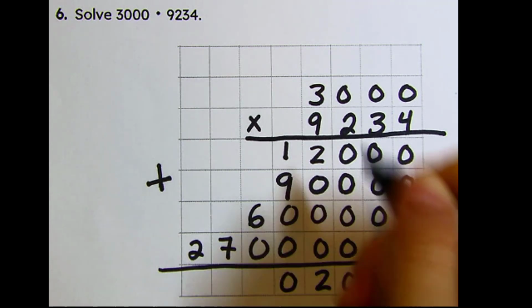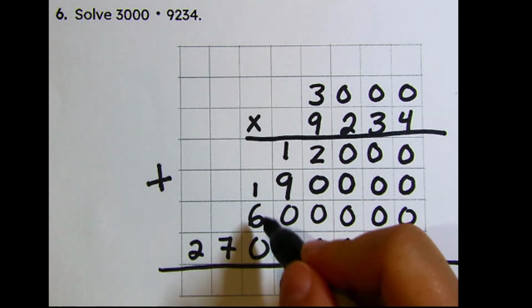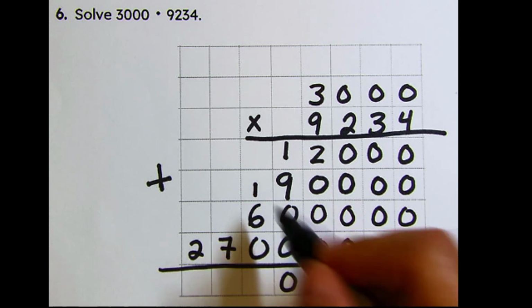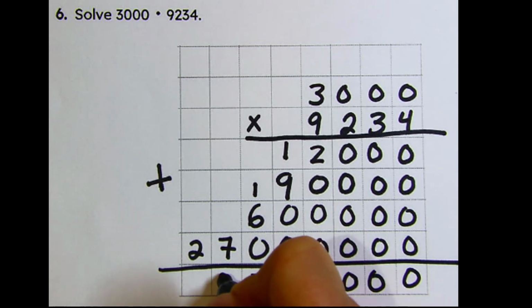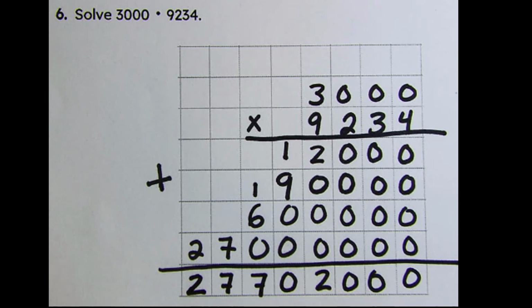So I'm going to write a 0 and then go ahead and carry that 1. In the 100,000s column here, that carried 1 plus 6 is 7. And then I have just a 7 and just a 2 that comes down. So my final answer, when it gets really big, I do like to put some commas in. My final answer is 27,702,000.